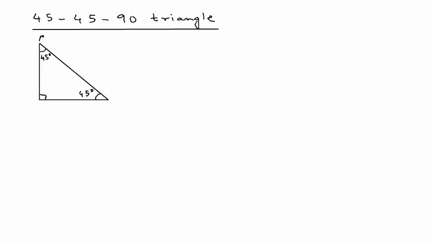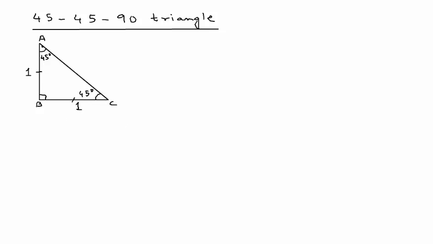Let's name the vertices as A, B and C. Now these two angles being congruent, you know this triangle is not only a right angle triangle, it's also an isosceles triangle, and these two side lengths AB and BC are the same. That's the property of an isosceles triangle, right? I hope you know that. Let's assume that this length AB is 1 unit long, and therefore BC will also be 1 unit long.